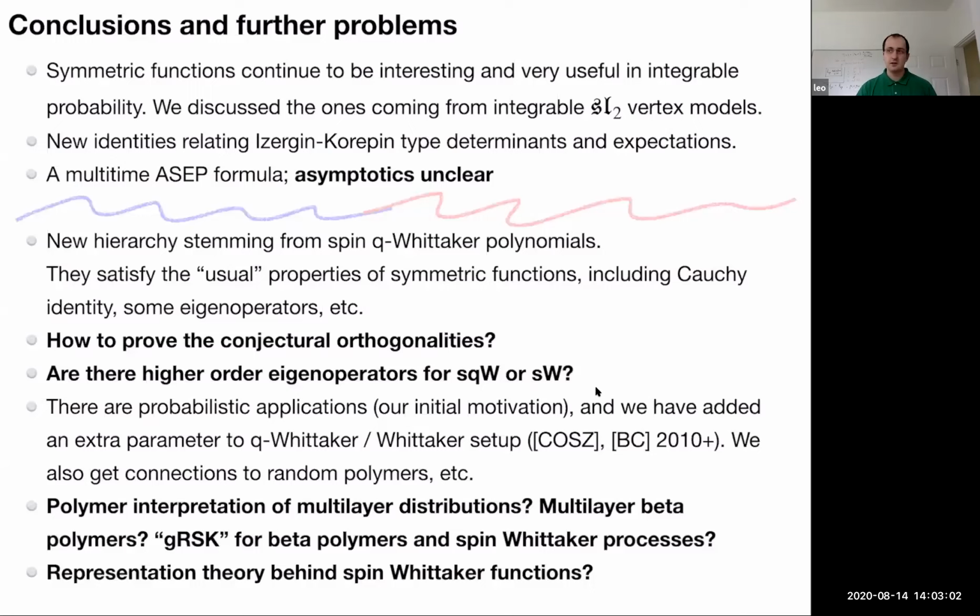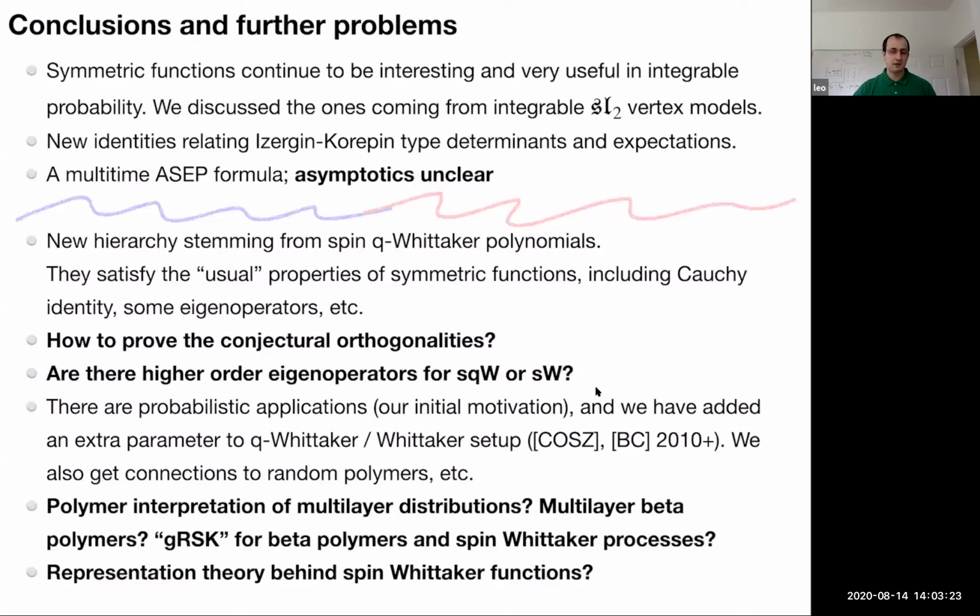There are other classes, but I'm sure all families of symmetric functions should be traceable to integrable vertex models. Symmetric functions correspond to SL2. Non-symmetric versions of them would correspond to colored or SLN vertex models, or higher rank and other types.